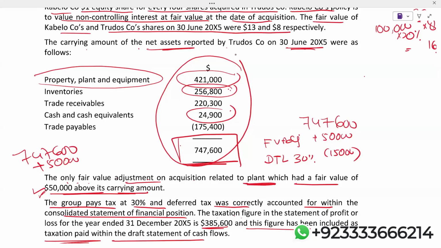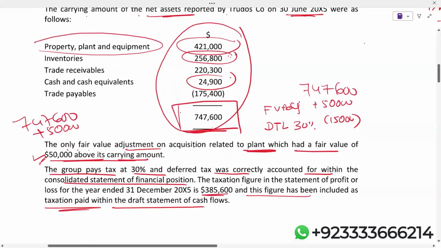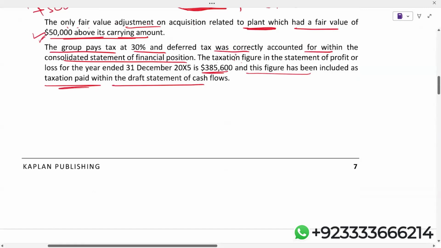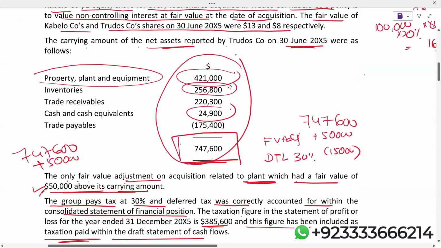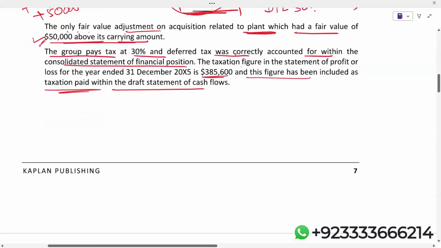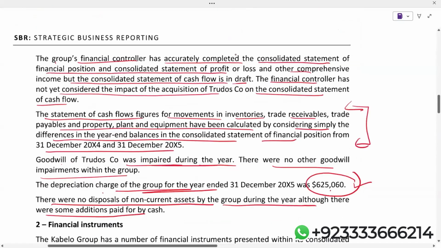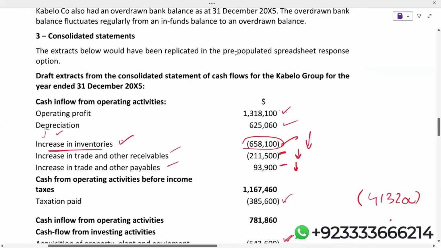Logically, when I'm going to exclude the impact of inventory of 2,56,800 from the closing balance, whatever increase the examiner has written will actually reduce. So what I'm writing there is very interesting. Let me first write the amount. 2,56,800. Closing balance of inventory will reduce by 2,56,800. Now try to understand what I want to write. Where is that amount? It's here.